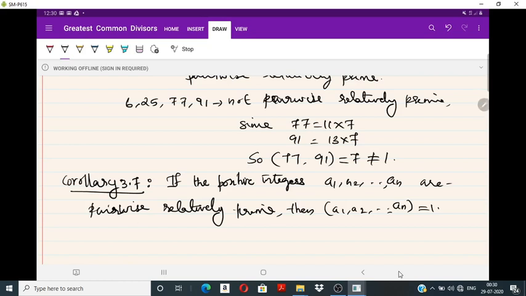For instance, if we consider the integers 8, 15, 49, these numbers are pairwise relatively prime.